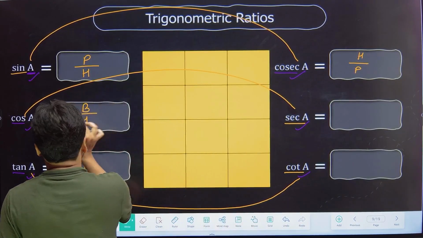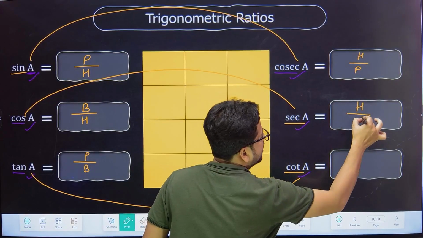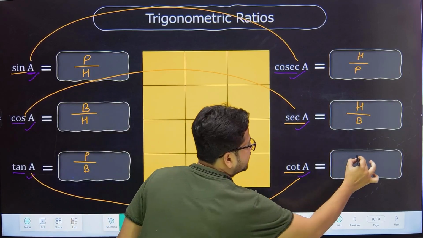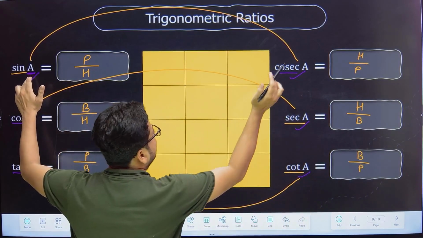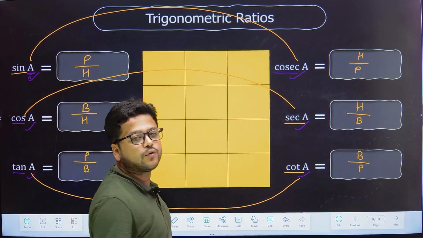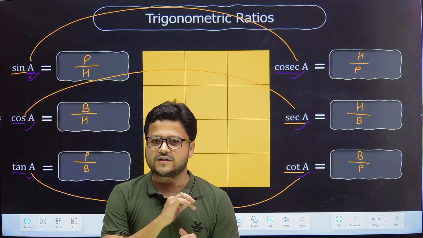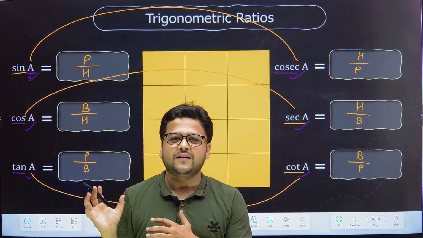If cos is B upon H, then sec is H upon B. And if tan is P upon B, then cot is B upon P, because sine and cosec, cos and sec, tan and cot are reciprocal to each other. Understood?